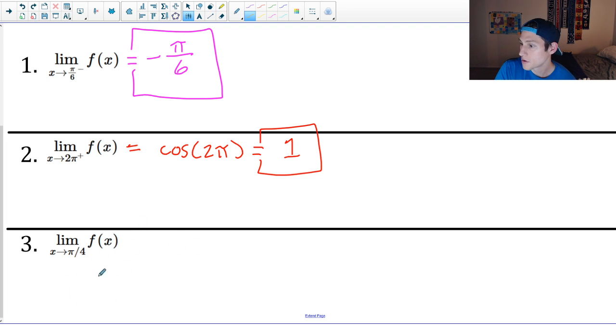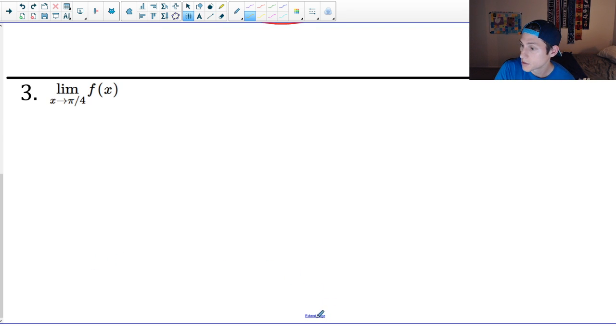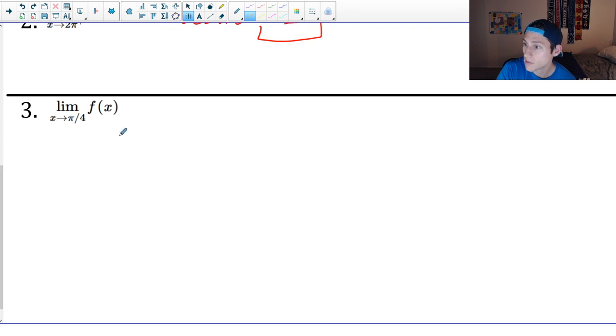All right, and my third limit, as x approaches pi over 4, does not say a left-hand limit or a right-hand limit. It is just as x approaches pi over 4. So that means we need to individually do both limits. Let's start by doing the left-hand limit.